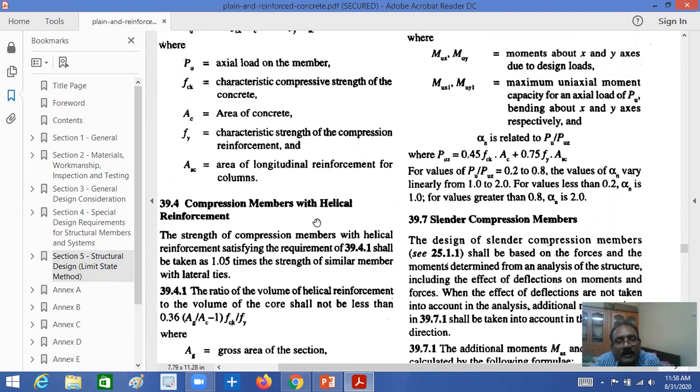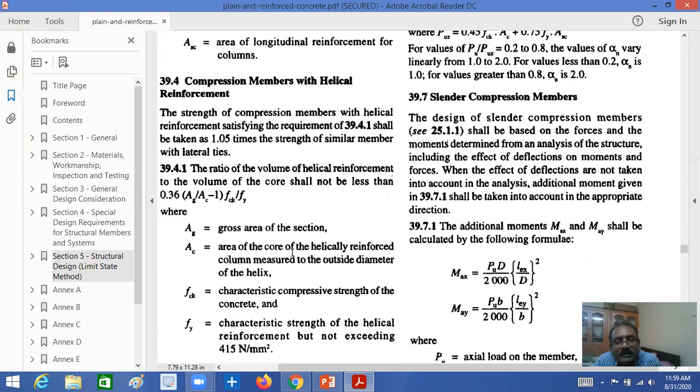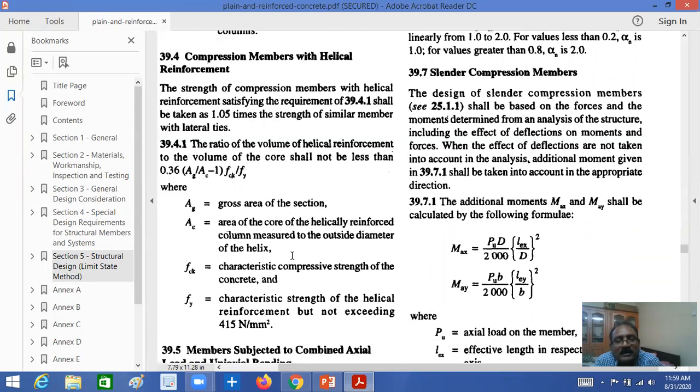And we have to check 0.36 multiplied by (Ag/Ac minus 1) multiplied by fck/fy. Here Ag is the total cross-section area of the section, Ac is the area of the concrete section, fck is the characteristic strength of concrete, fy is the characteristic strength of helical reinforcement, and it should be used only Fe415.